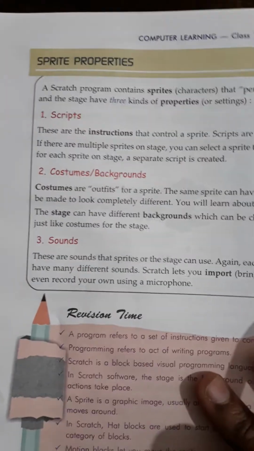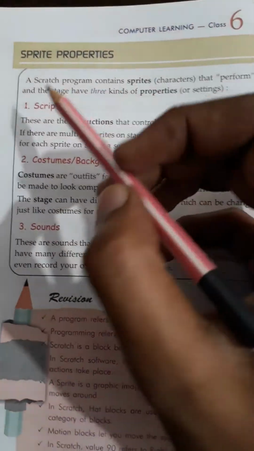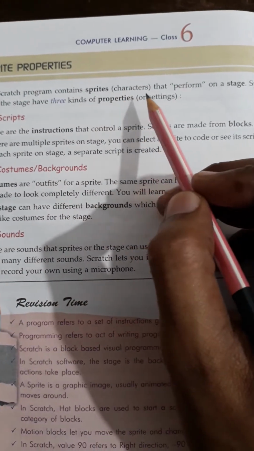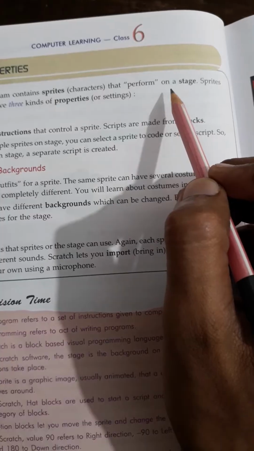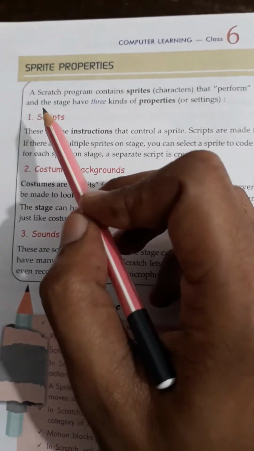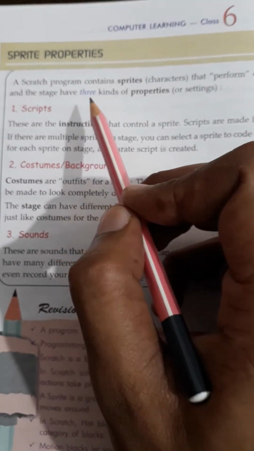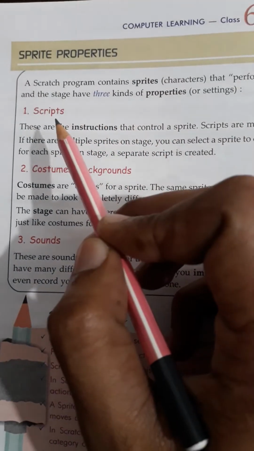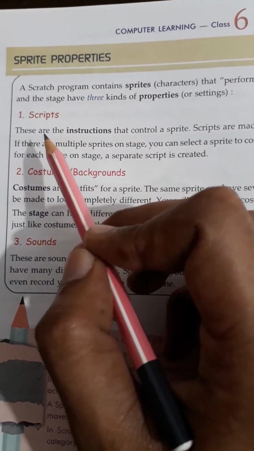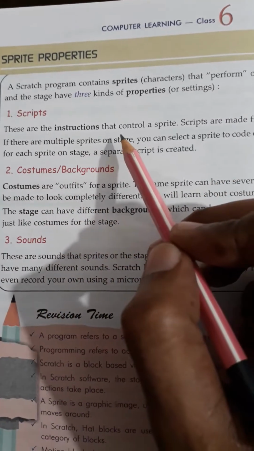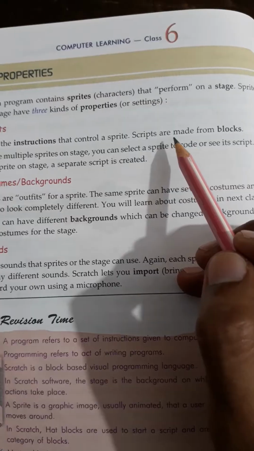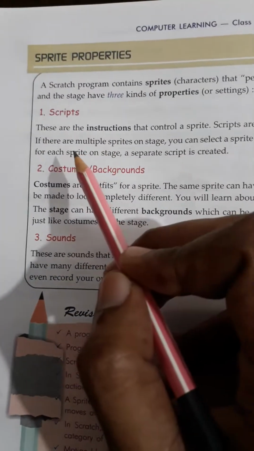Next, sprite properties. A Scratch program contains sprites, characters that perform on stage. Sprites and the stage have three kinds of properties or settings. First is scripts. These are the instructions that control a sprite. Scripts are made from blocks.